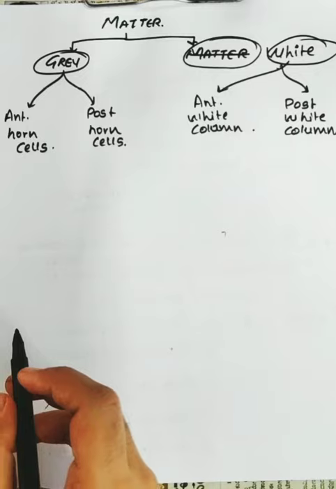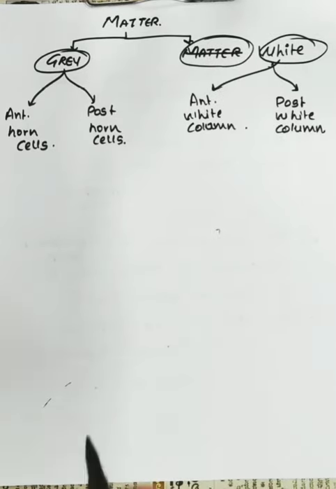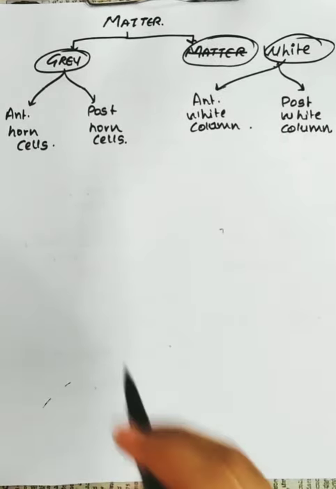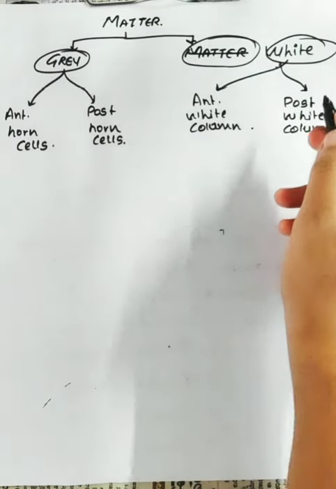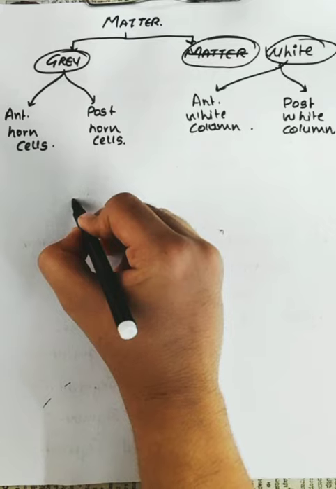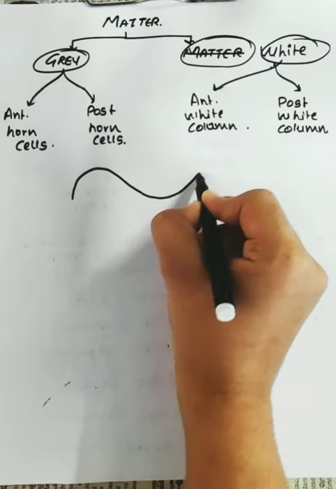So matter is of gray and white. Now we'll see how these fibers are.